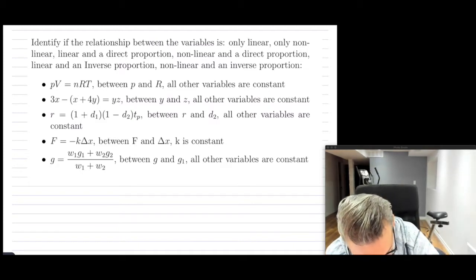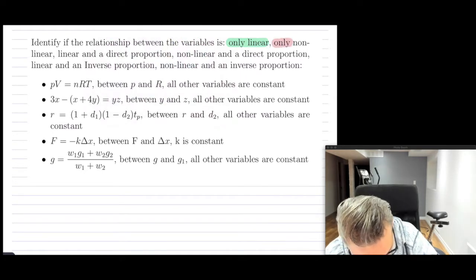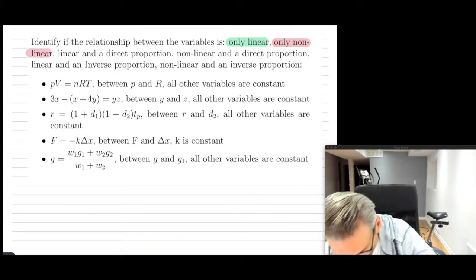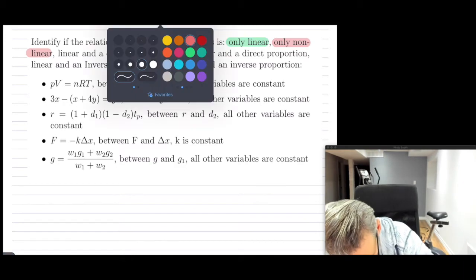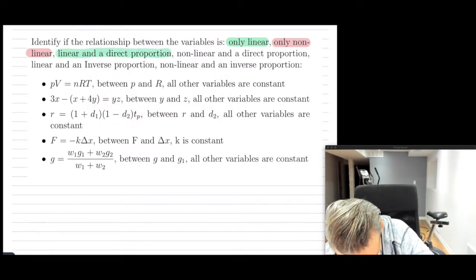So there are some options. Only linear, so that's one option. Only nonlinear. Of course we have to know the difference between linear and nonlinear. Here is the next one, which is linear and a direct proportion.